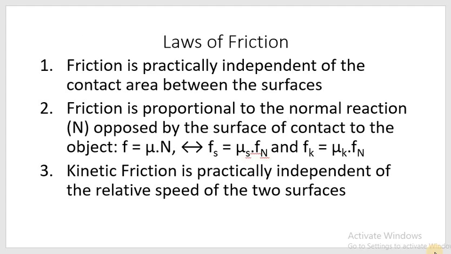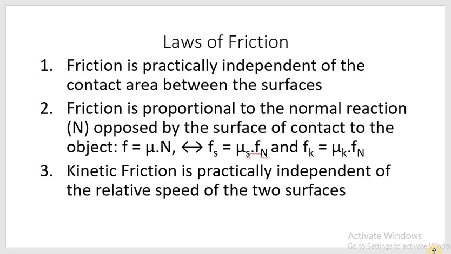The first law of friction states that friction is practically independent of the contact area between the surfaces. This means that if you take one brick which has three different surfaces, let's take only two of them. Let's say one surface is 100 centimeters squared and the other surface is 50 centimeters squared.